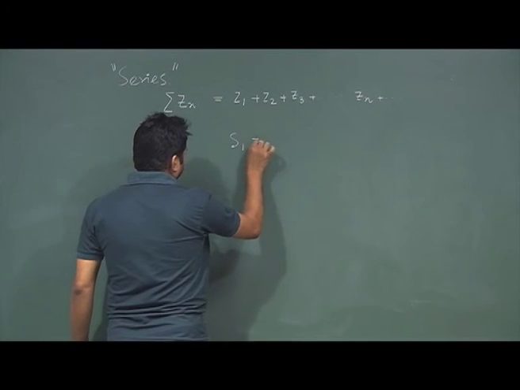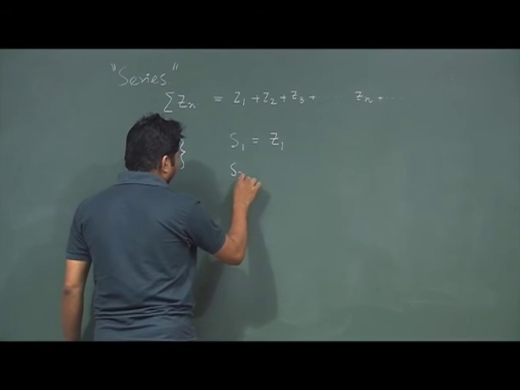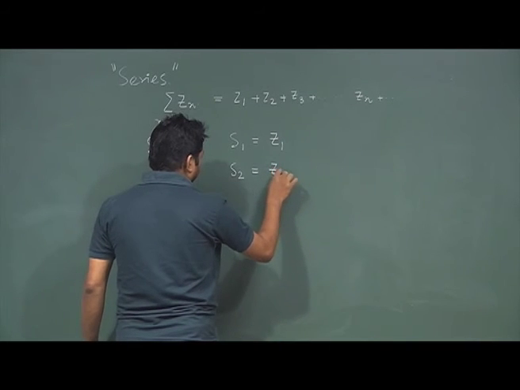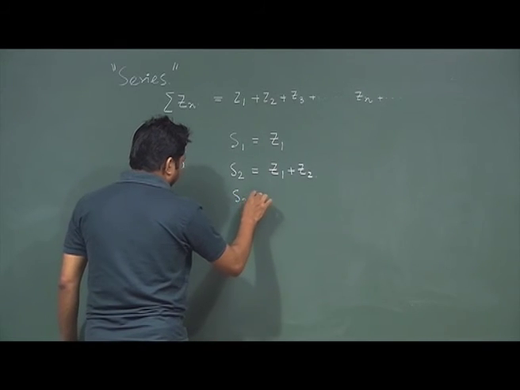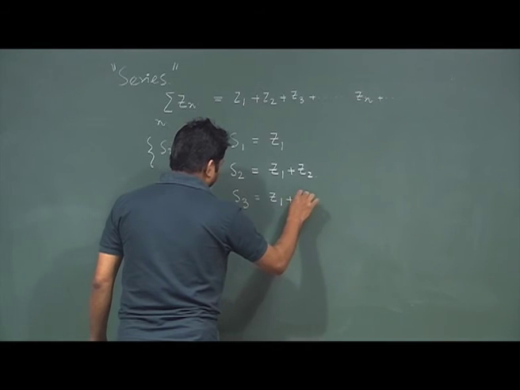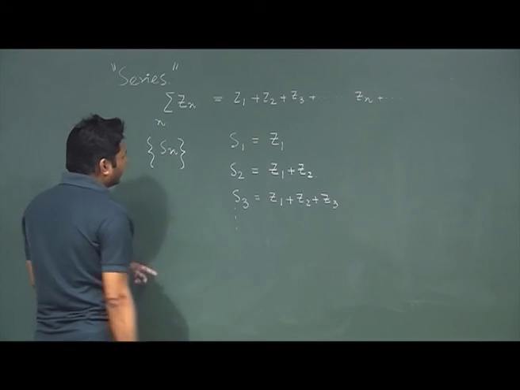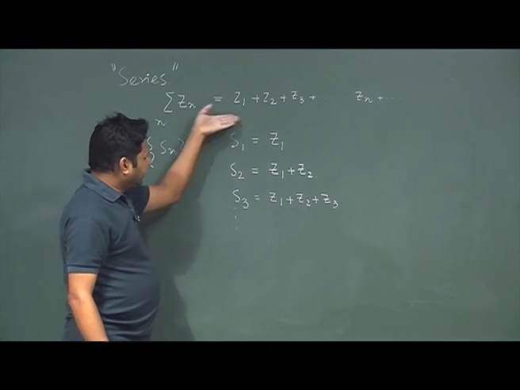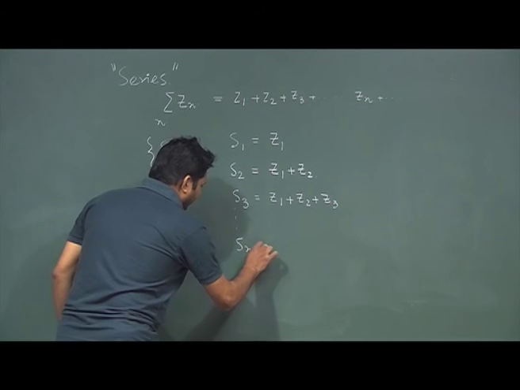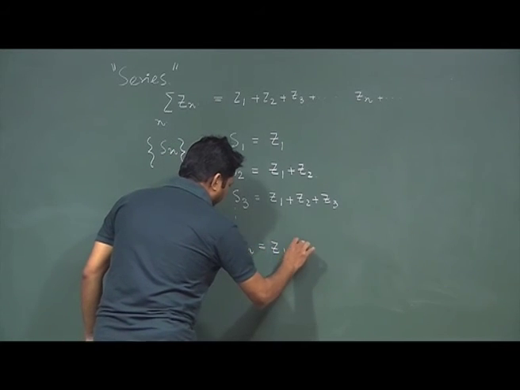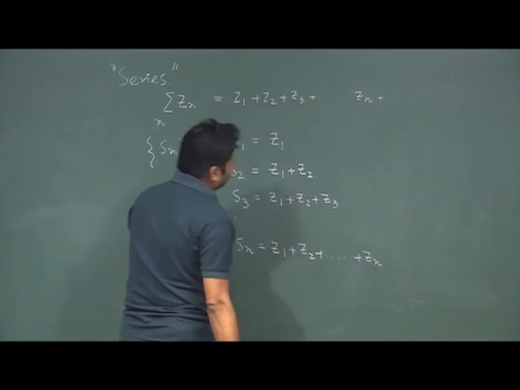Say S1 is Z1, S2 is Z1 plus Z2, S3 is Z1 plus Z2 plus Z3 and so on. So, when I put this entire thing, I am basically putting Sn. Sn is nothing but Z1 plus Z2 plus up to Zn, this quantity.